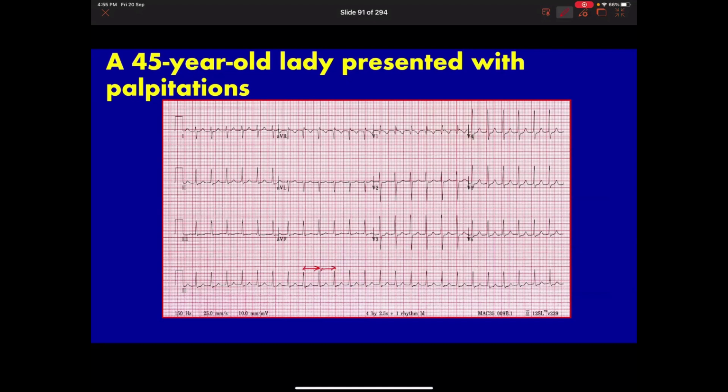Because the heart rate, it's less than 3 squares. So we know that it's tachycardia. What's the second step? We look at the QRS, right? Is it narrow or wide? The QRS. Yeah, is it narrow or wide?